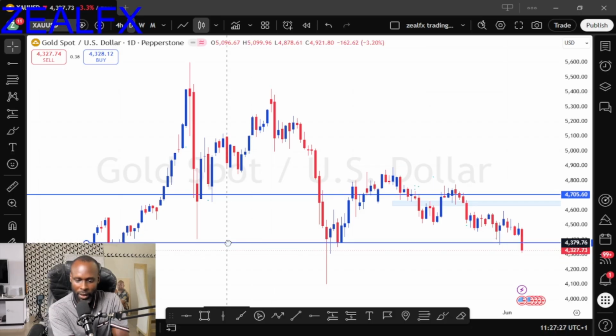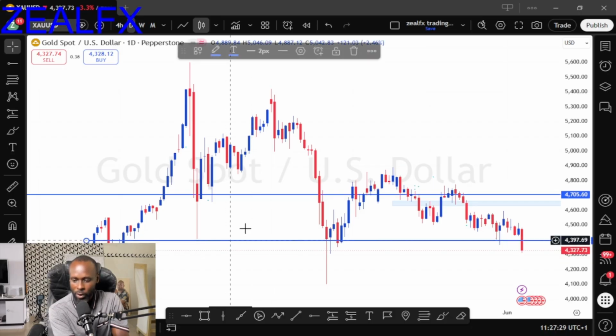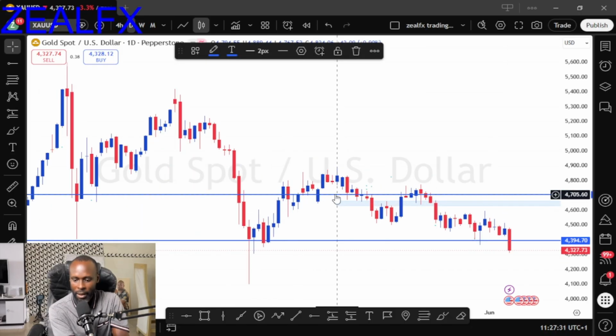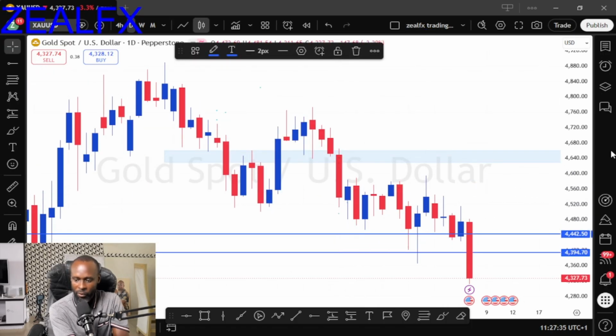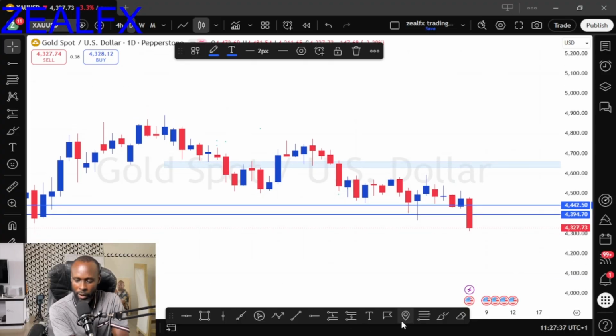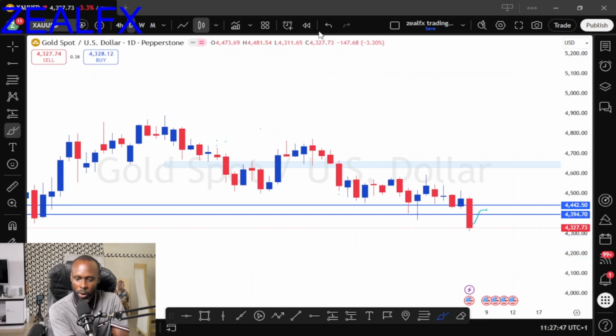So we need price to do a retest of these levels, which are all these areas, my areas of interest. I'm expecting price to retest them before I start looking for the possible selling opportunity for the gold USD, which we expect price to retest this level. Then we start looking for the selling opportunity for the gold USD.